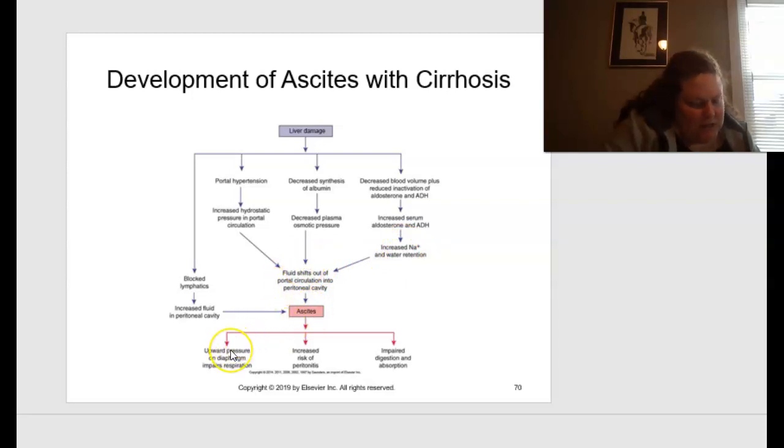Ascites is going to cause upward pressure on the diaphragm, and this can impair your respiration. It can cause increased risk of peritonitis, and so inflammation, irritation of the peritoneal cavity. And it can also lead to impaired digestion and absorption.